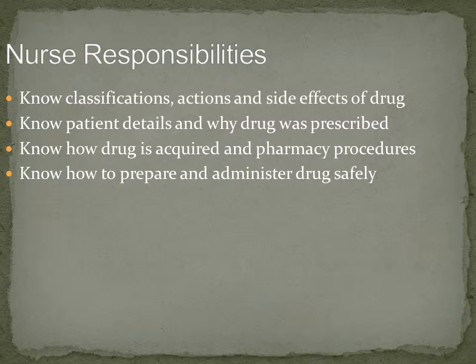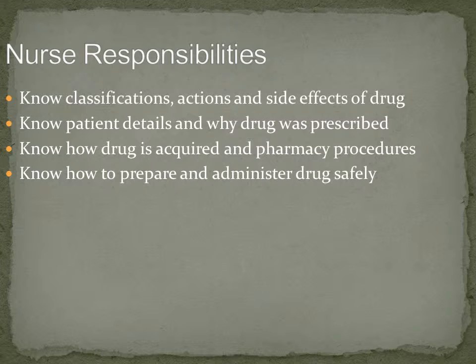We need to know how that drug is acquired in pharmacy procedures. We'll talk more about controlled substances in the future, but scheduled meds that are narcotics have to be acquired in a certain manner, and we need to know how our patient is going to acquire them likewise.